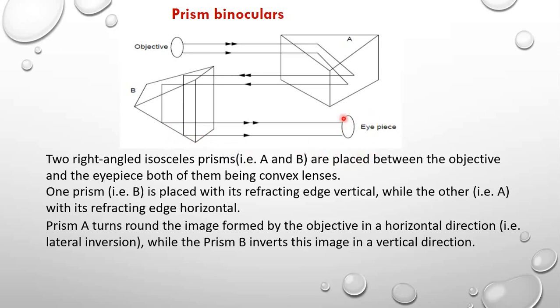That image is going to be at the principal focus of the eyepiece, and it's going to be the same way up as it was coming from the objective.